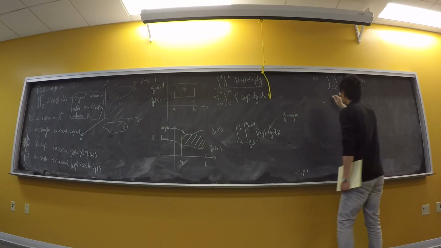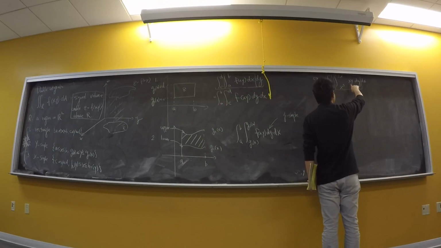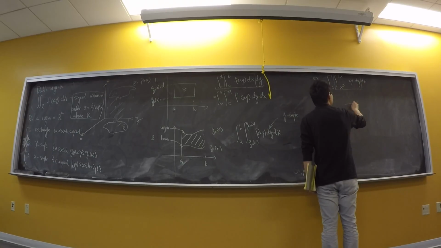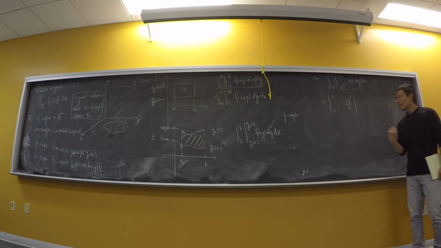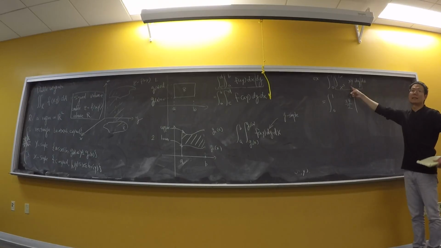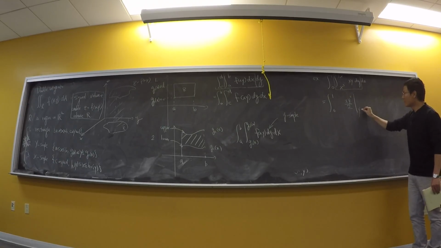So if I do that, from 0 to 1, I'm finding the antiderivative of xy with respect to y. What is it? Half of xy squared. And then, as I said last class, when I eliminate the y variable in the interior integral, I really keep the evaluation clear here.